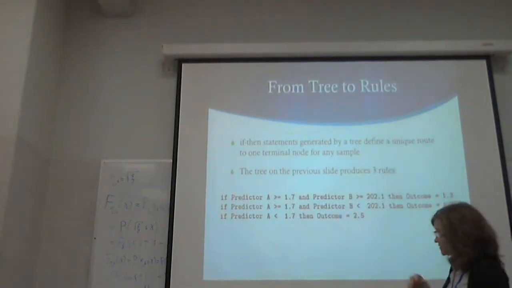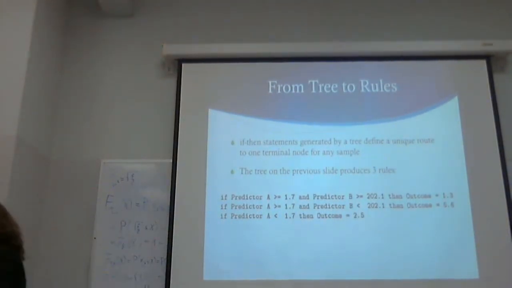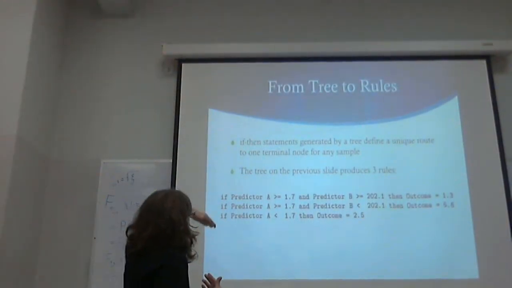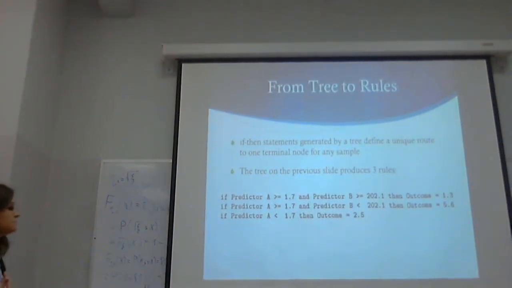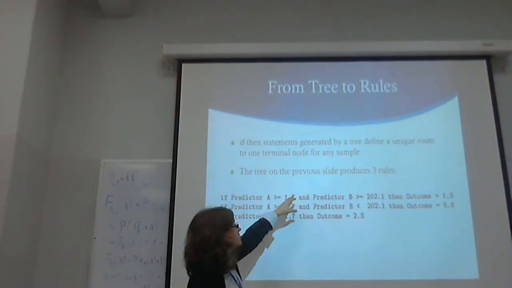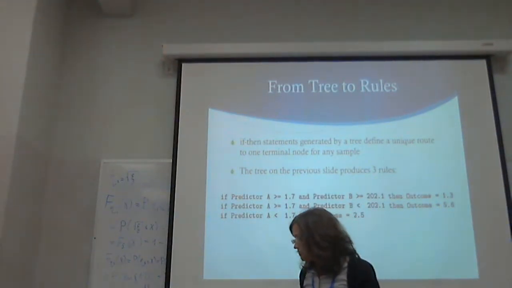So there are rules. Say, if the weather is good and I have a free day, I will go for a walk. Or if the molecular weight of the substance I'm studying is less than a certain threshold, and the charge is less than 2, then my solubility would be this.